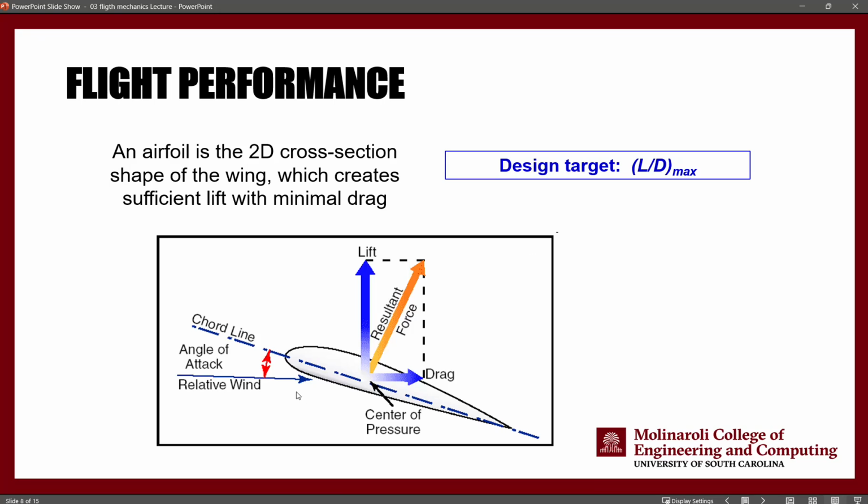And the angle between the direction of the wind, the direction of the movement of air, and the chord line of an airfoil, essentially the line that connects the beginning, the leading edge, and the end, the trailing edge of an airfoil, that angle is called the angle of attack.